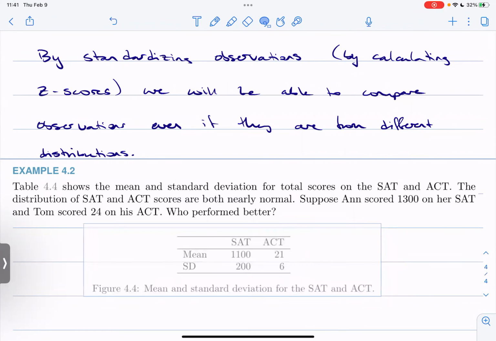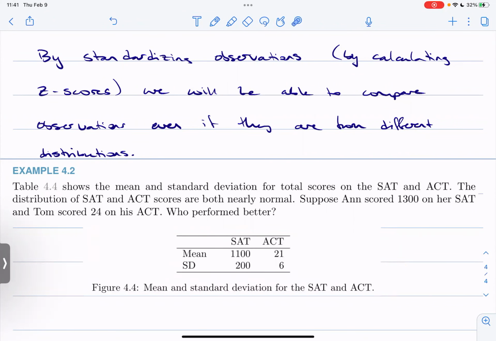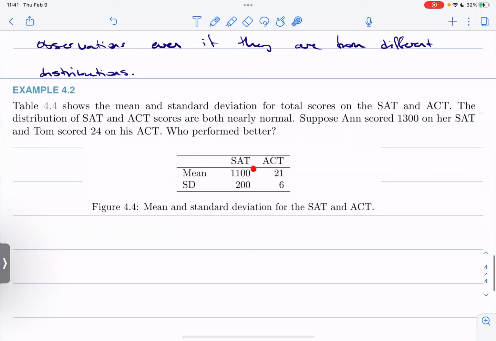Okay. So here we have the mean of the SATs is 1,100 and the standard deviation is 200. So the scores on the SATs are quite large, right? You're expecting large values in order to have done well. The ACTs have a mean of 21 and a standard deviation of 6.